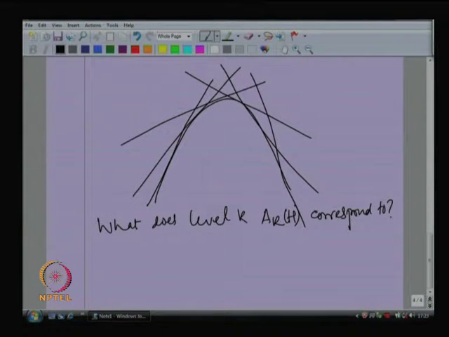So, remember, what is a Voronoi diagram? A Voronoi diagram is the decomposition of the plane so that within each cell the nearest neighbor is the same. The kth nearest neighbor, kth order, that is called the kth order Voronoi diagram. It is a decomposition of the plane in which the kth nearest neighbor remains the same.